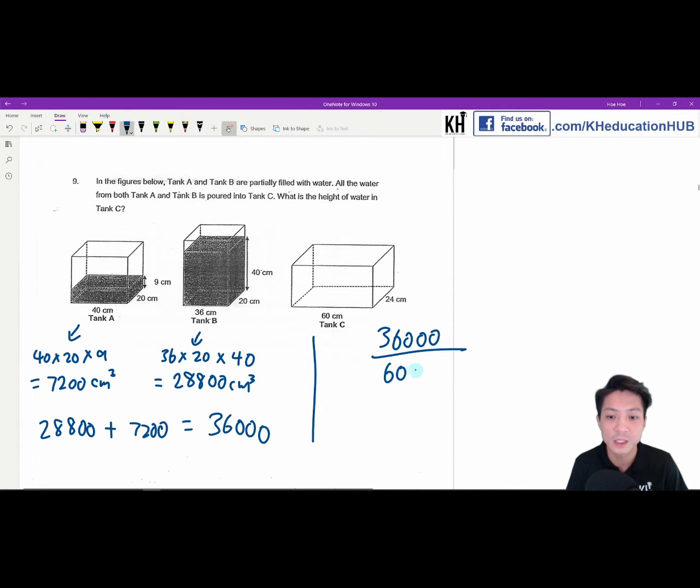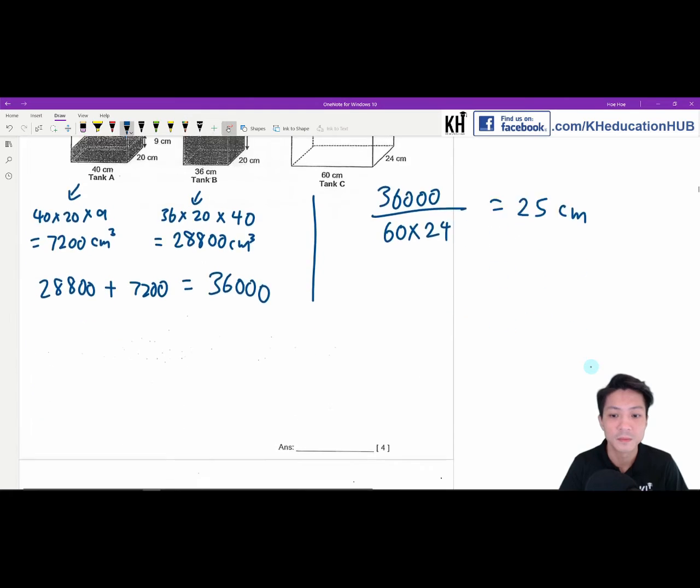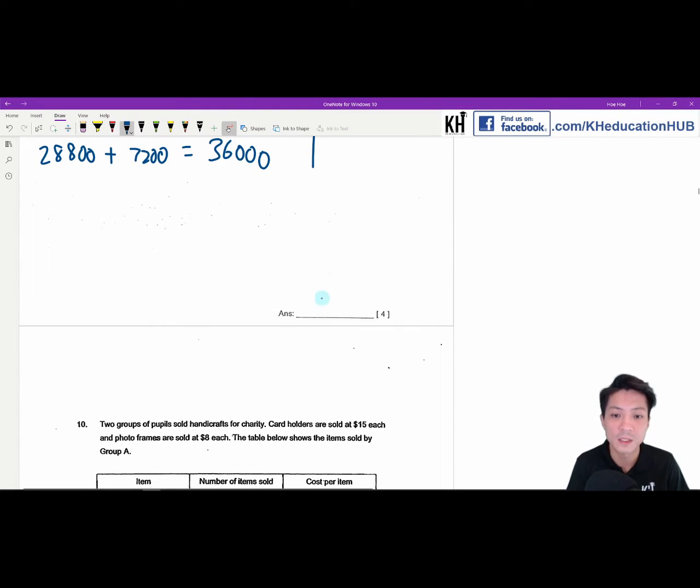The base area is 60 times 24. This is going to give me 25 cm. So this is the answer.